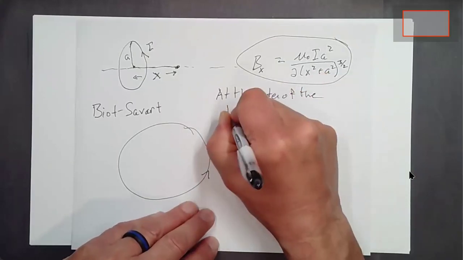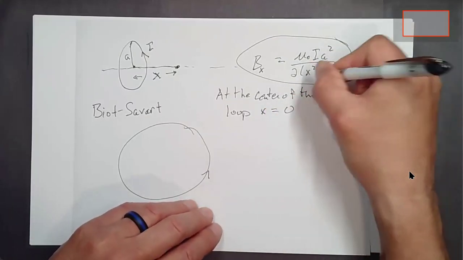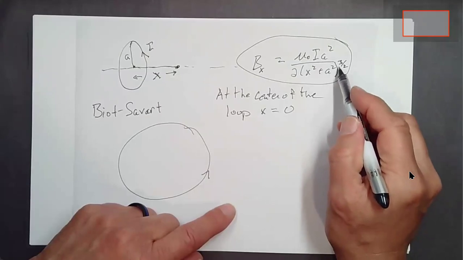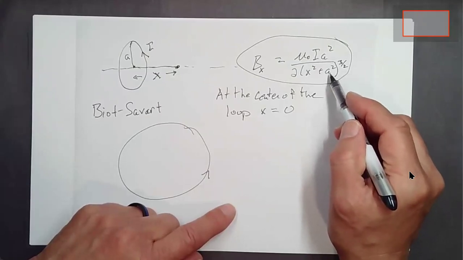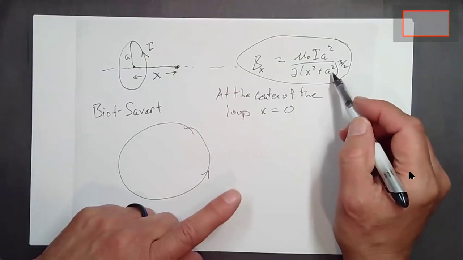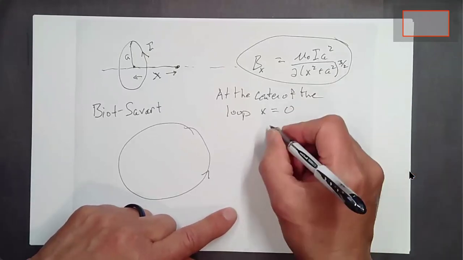But anyway, at the center of the loop, x is equal to 0, and you just set x equal to 0 down here, and you have a squared to the 3/2. Wait a second, no, it's a cubed.